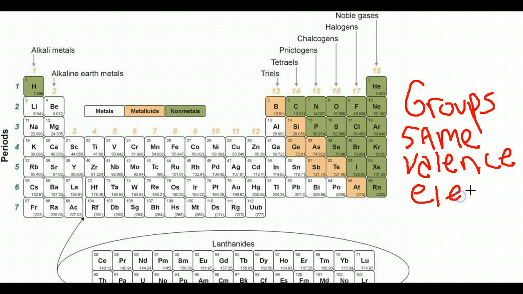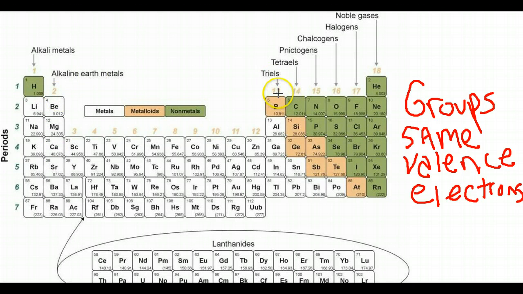And if we remember, valence electrons tell us how an atom is going to react when it meets another atom. So all of these elements, let's look at group 1, they have 1 valence electron. So all of these atoms are going to want to give away their 1 valence electron. All of the atoms in group 2 are going to want to give away their 2 valence electrons.